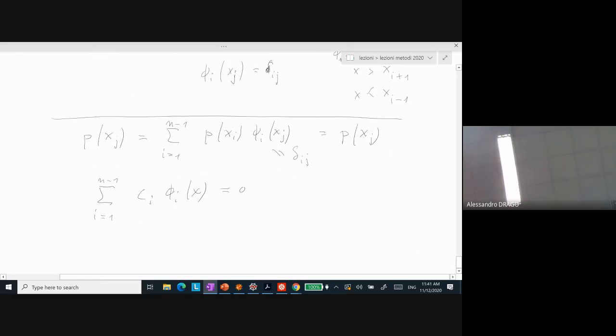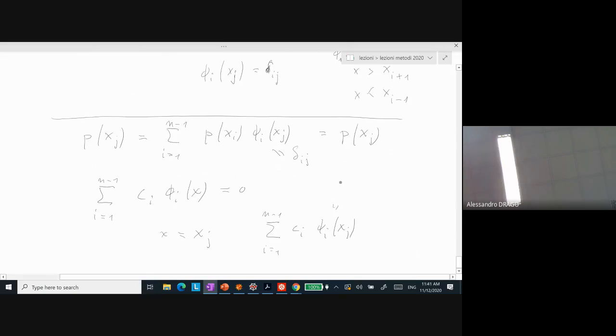This can be done again exactly in the same way. Let's take x equal to x_j, for instance. From here, I get that the sum from 1 to n minus 1 of c_i phi_i of x_j is equal to 0.